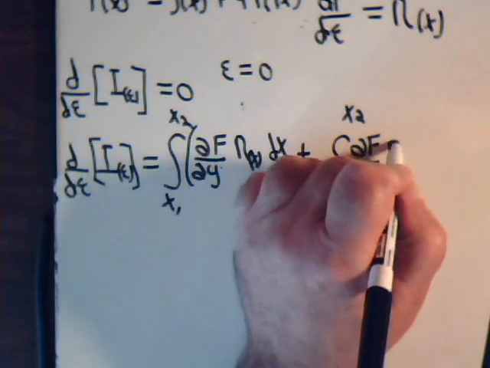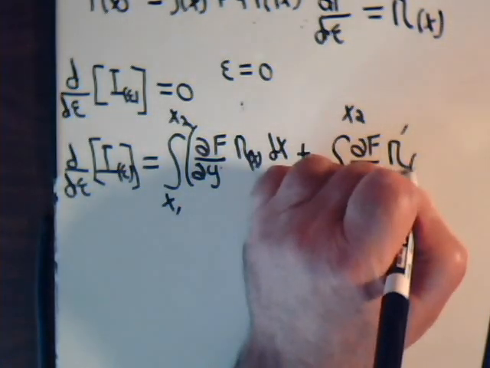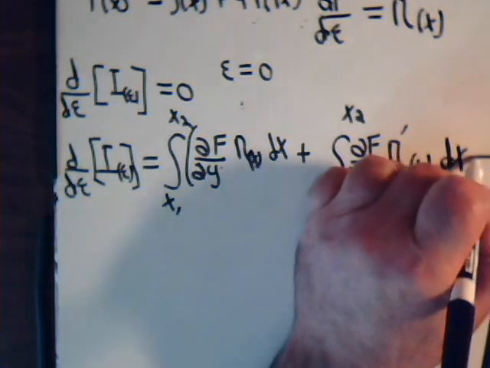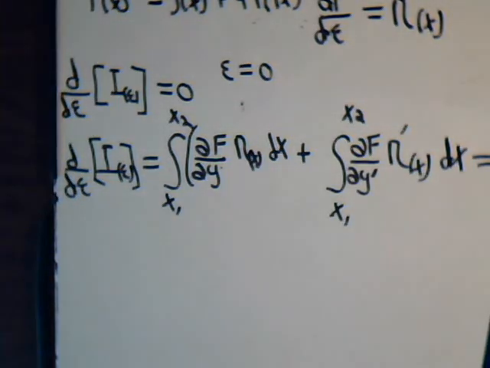Then we had nu prime of x dx. And the sum of those two integrals has to be 0.